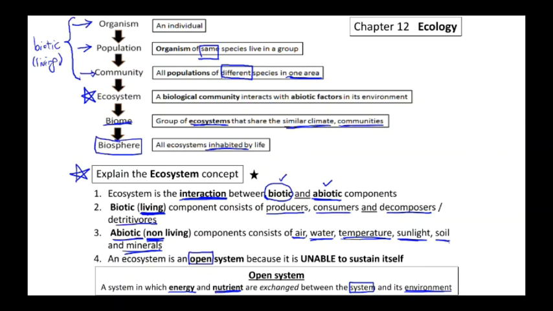If it is a closed system, then it will not have the nutrient exchange with the environment, which can't happen in an ecosystem because the ecosystem cannot sustain itself. We need to exchange nutrients with our surroundings. That's why we have to be an open system.